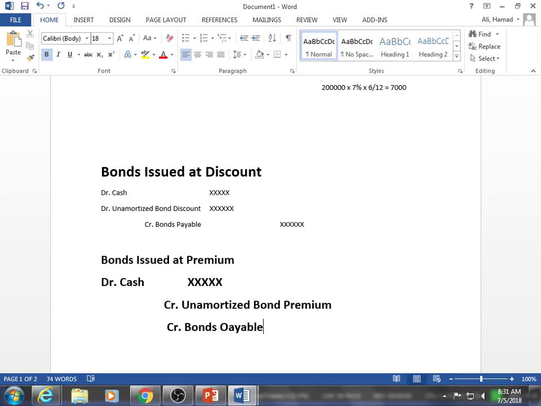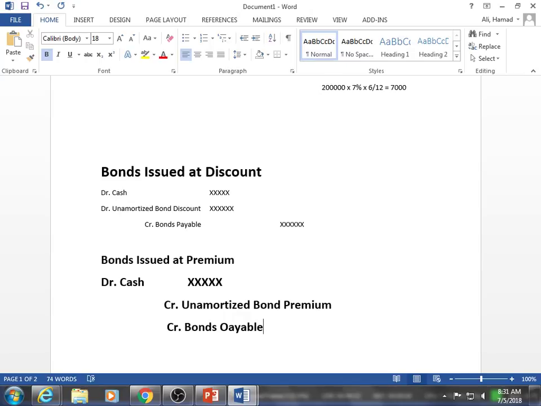You have your book? Yes, sir. We are on page 552, but I'm writing the generic journal entries. We're doing the accounting for bonds. When we issue bonds at a discount, we debit cash, debit unamortized bond discount, and credit bonds payable.